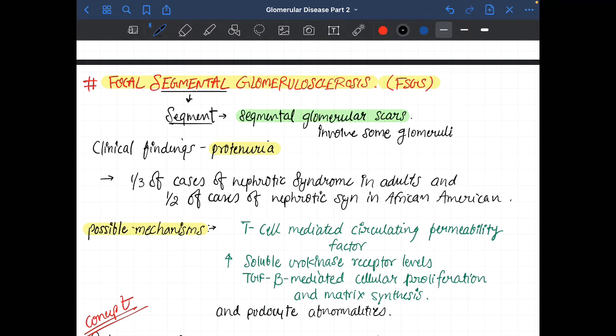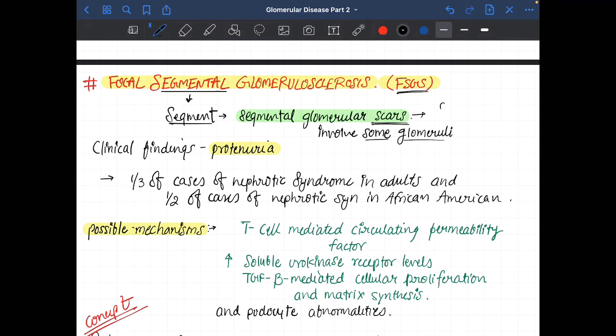Second, we will discuss focal segmental glomerulosclerosis, FSGS. In the name we say segmental. Segmental means the glomerular scars involve only some glomeruli, not all glomeruli, and there are scars present.